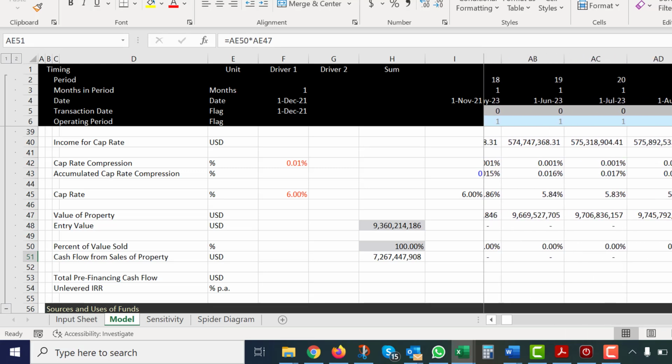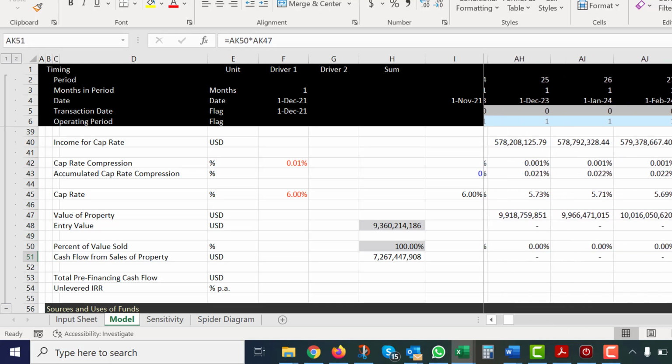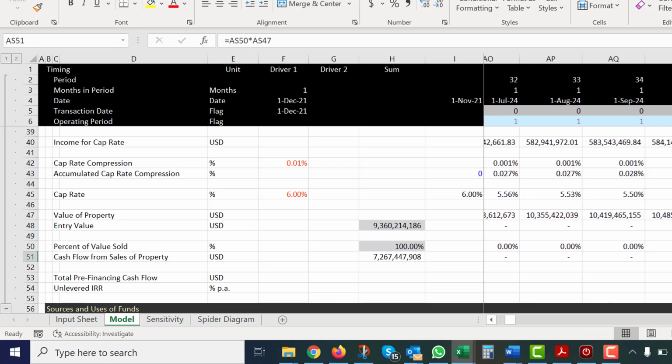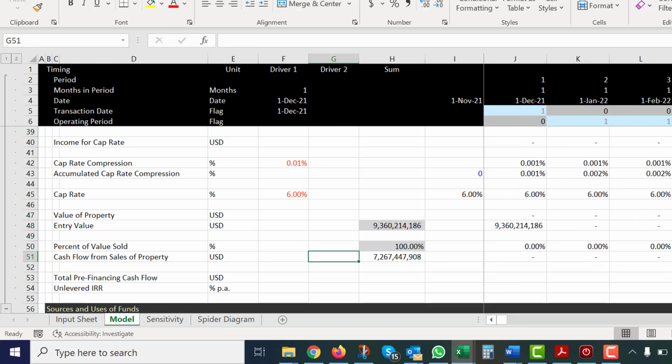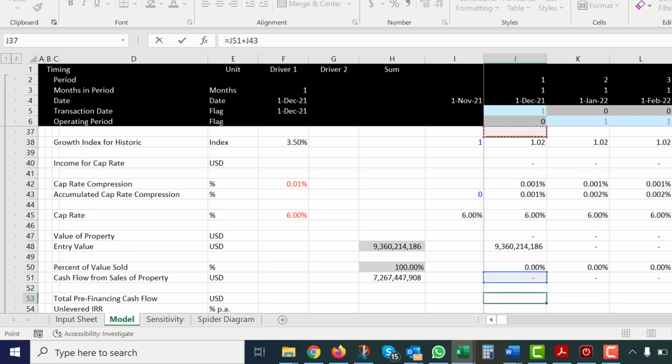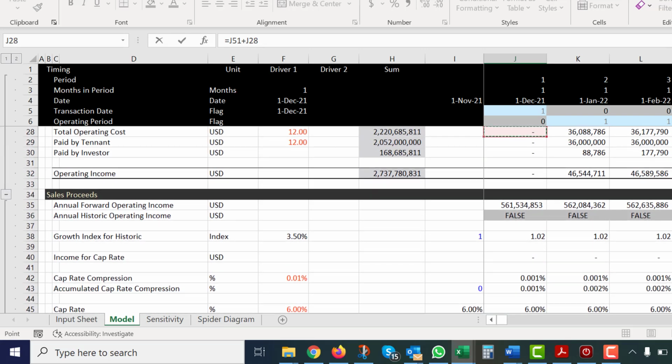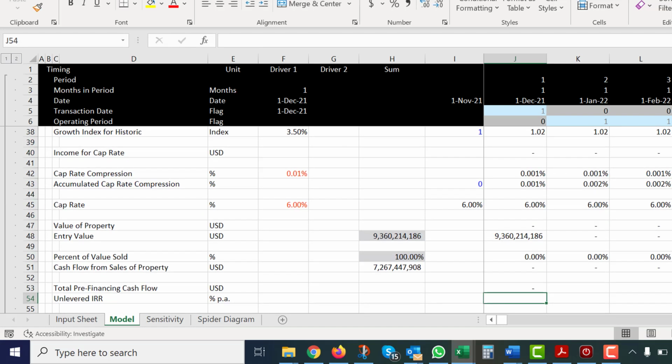The first time we sold our property was in this one, and the value was a lot higher, but then the value is going down. So I think this is okay, actually. We'll see, because then we've got to take this number that we get from the asset sales plus our operating income. That's the total we have.